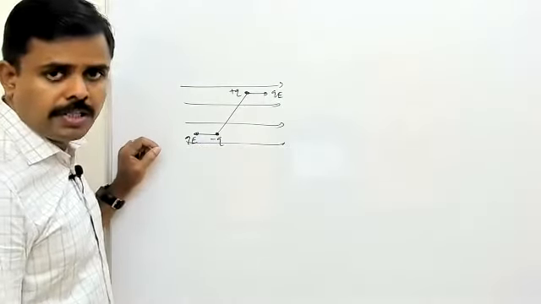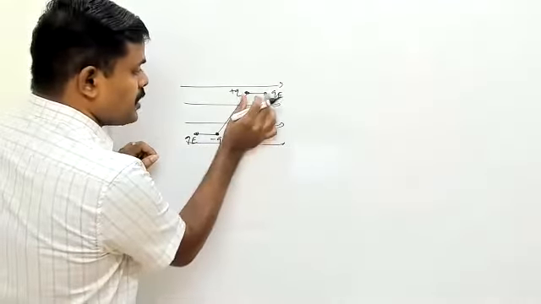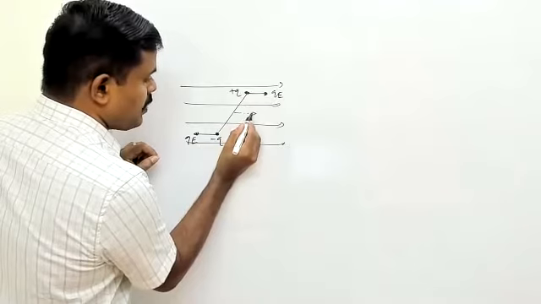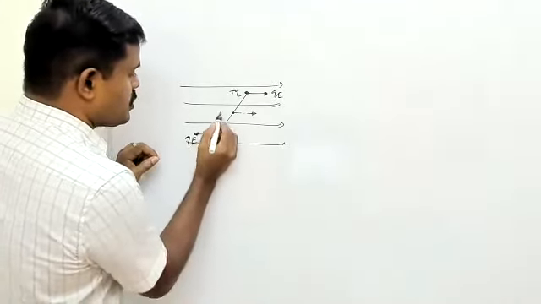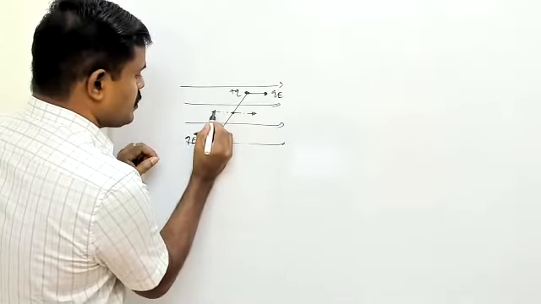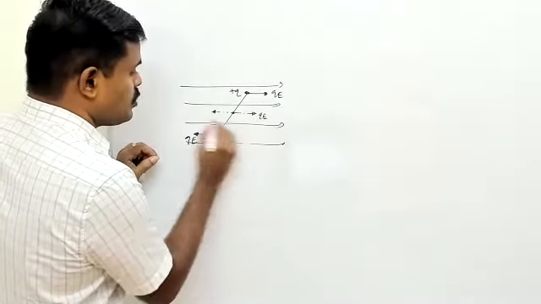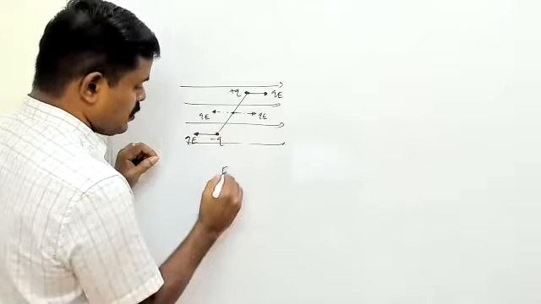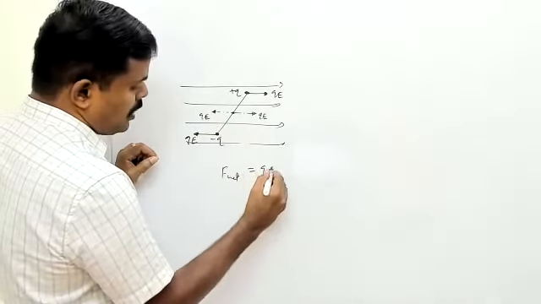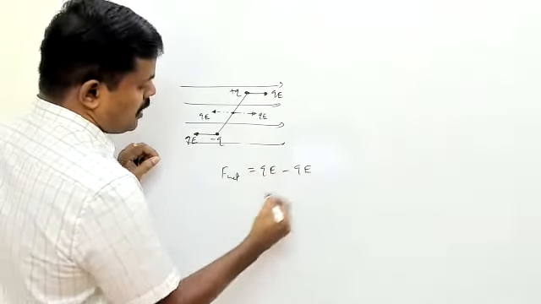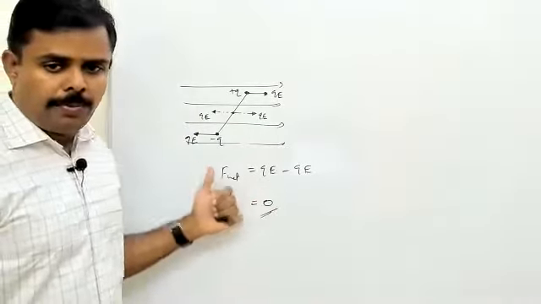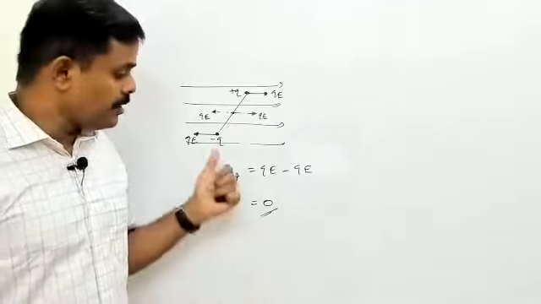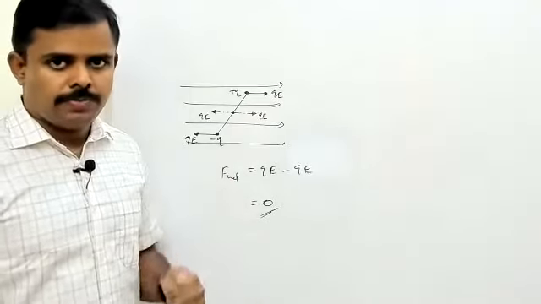Take this force and put it at the center of mass, and take this force and project it onto the center of mass. So I got QE to the right and QE to the left. So F net is QE minus QE. They are in opposite directions, so that is 0. Show that for a dipole placed in a uniform electric field, the net force acting is 0. Previous board question.